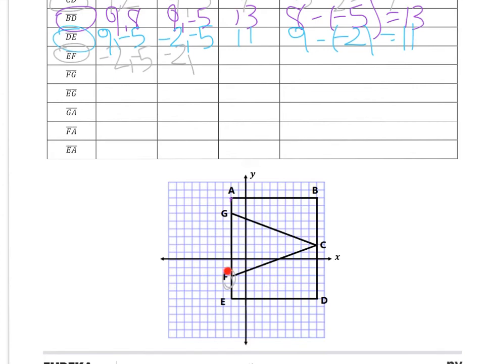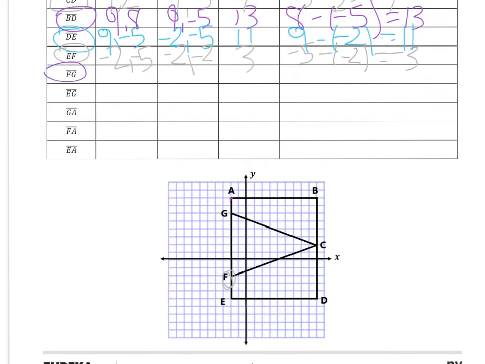But then negative 1, 2. So negative 2, negative 2. So that moved us a distance of 3. And here we're going to prove it because negative 5 minus negative 2 equals negative 3, which is still a distance of 3, which is what we're going for.